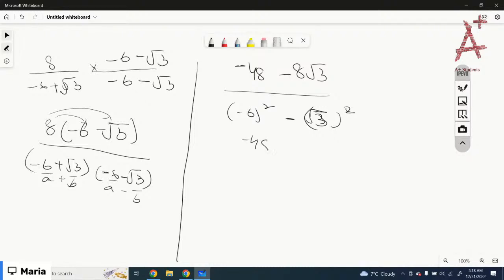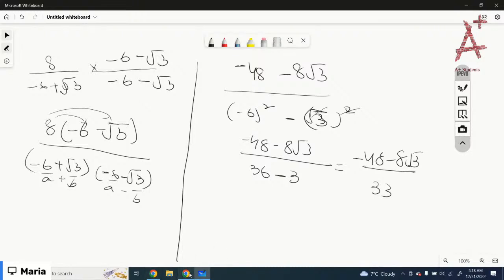So it would be negative 48 minus 8 square root 3, and negative 6 square is positive 36, and minus the square root square got cancelled out. It would be 3. So it would be negative 48 minus 8 square root 3 divided by 33. Got it? That would be the correct answer. Negative 48 minus 8 square root 3 divided by 33.